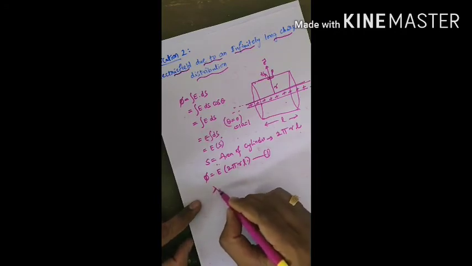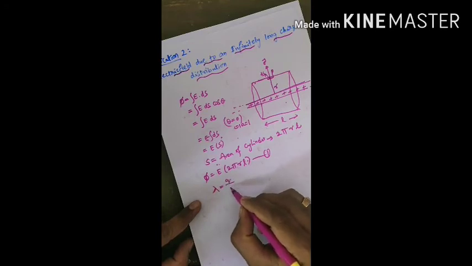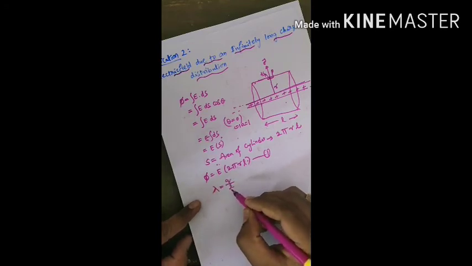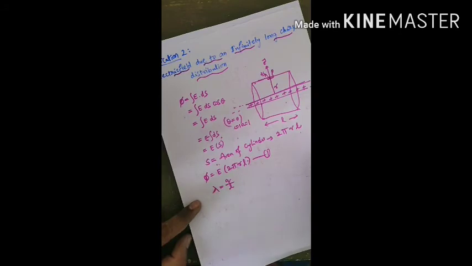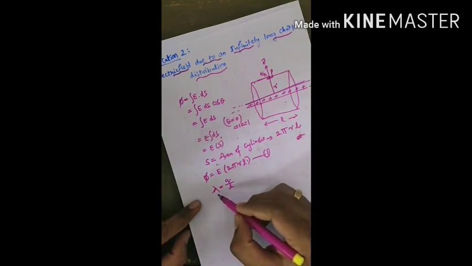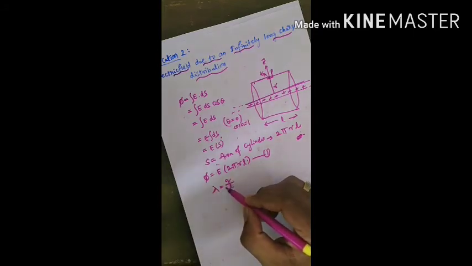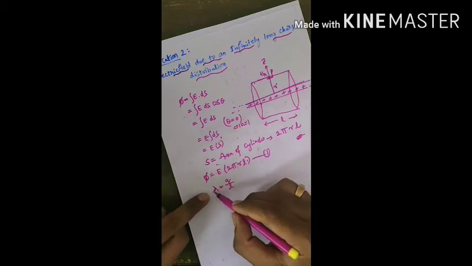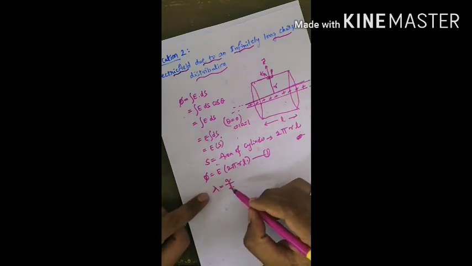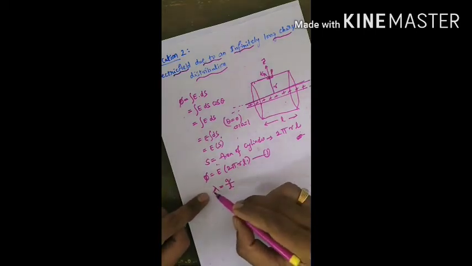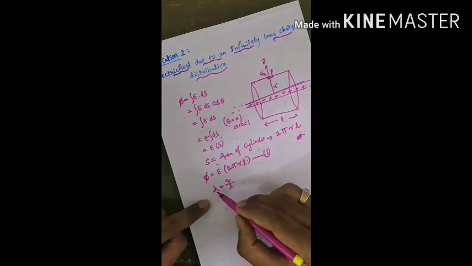So I am writing lambda is equal to Q by L. Lambda is the linear charge density, that is charge per unit length. Charge per unit length is called charge density.